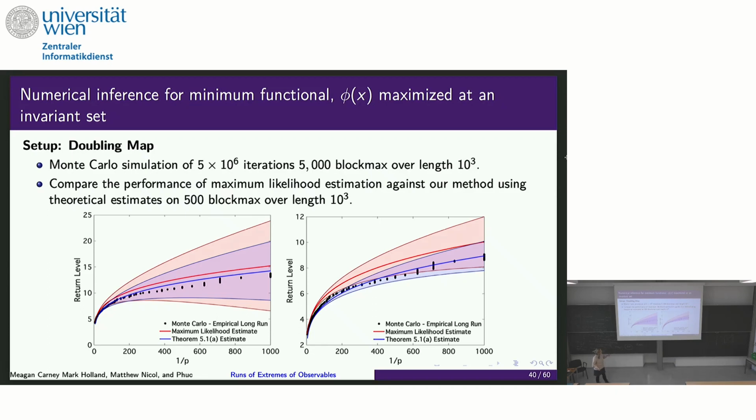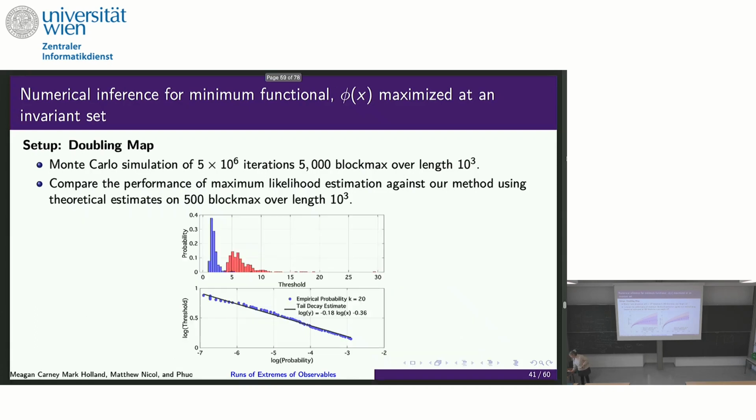So the blue are our theorem estimates, and then the red is just a standard maximum likelihood estimate that we would use in data science. The reason why these work so well compared to MLE is this max stability that we get out of our theorem. It says that our shape parameter doesn't change, and the shape parameter is really the bottleneck here.